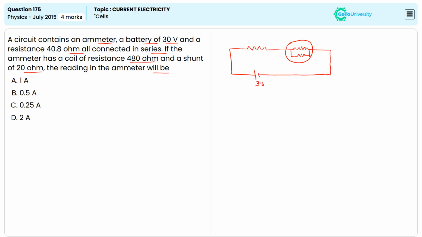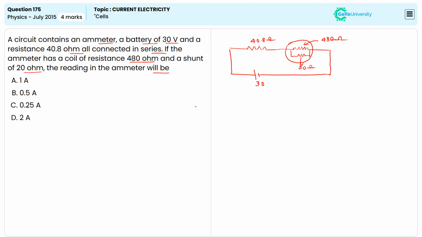This is 30 volts, and this resistance is 40.8 ohms, and here the resistance is 480 ohms, and the shunt is 20 ohms here. Then what is the reading of the ammeter? We need to find that.